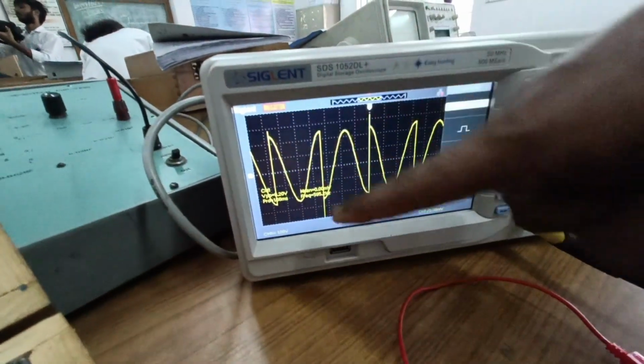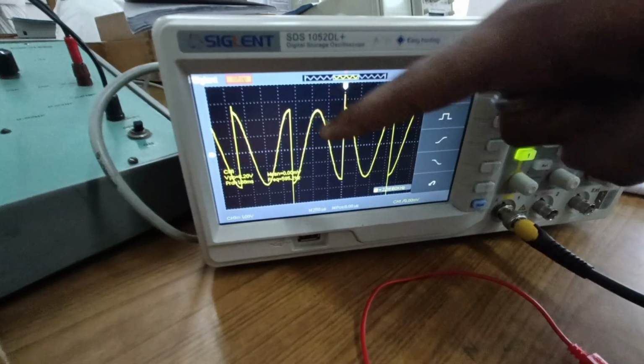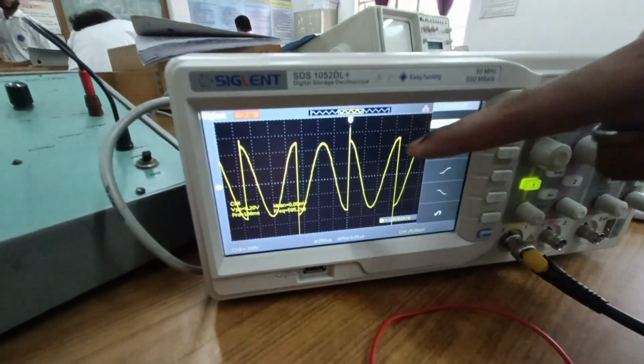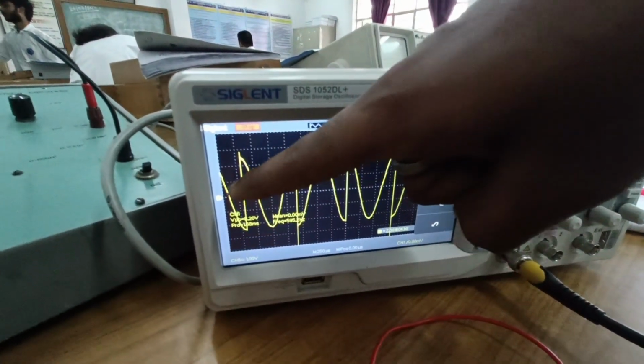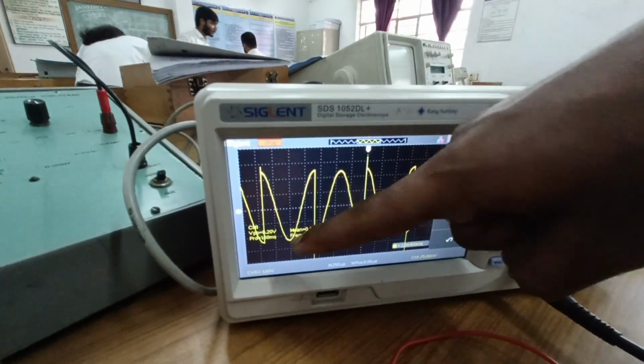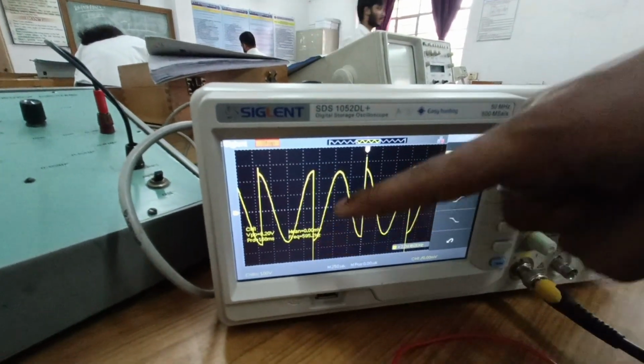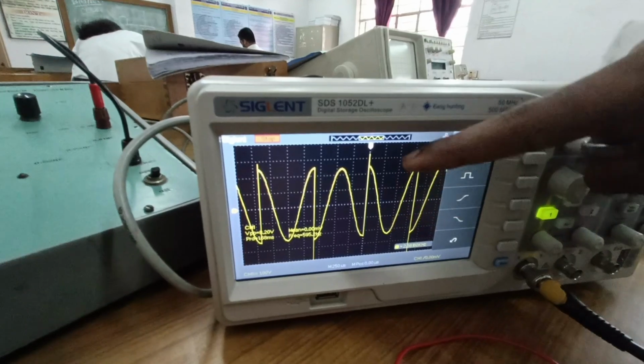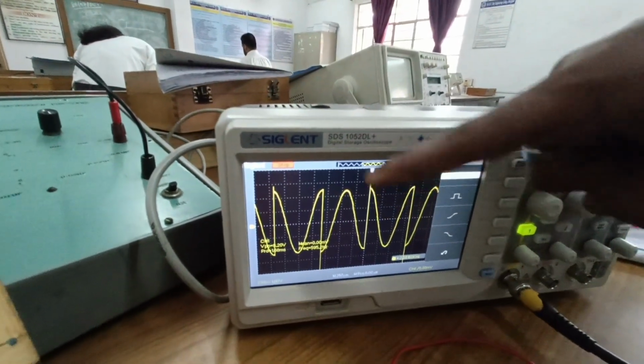See, this is our phase shift keying modulated output. You can see here where it is 1, it is like this, and where it is 0, it changes its phase, according to the message signal when it is 1 and 0.